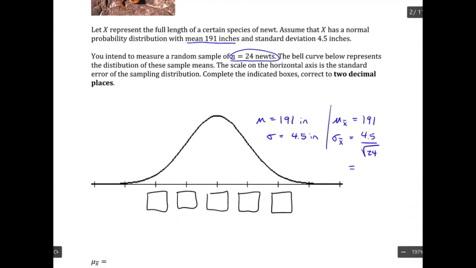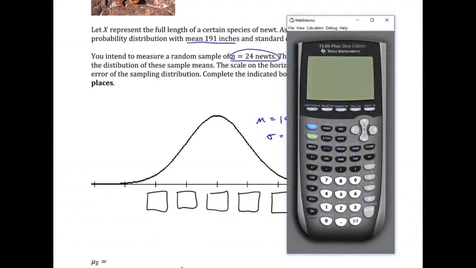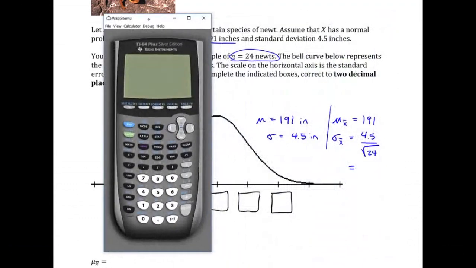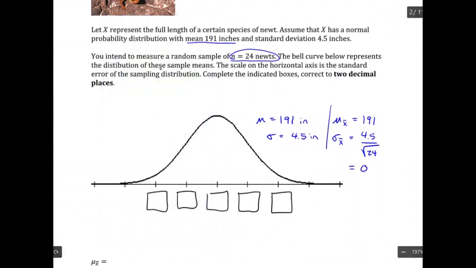So we put that into the calculator, and we get an approximation: 4.5 divided by the square root of 24 comes up to 0.92. I'm just going to use 2 decimals, but follow any rounding rules that are given in your problem.